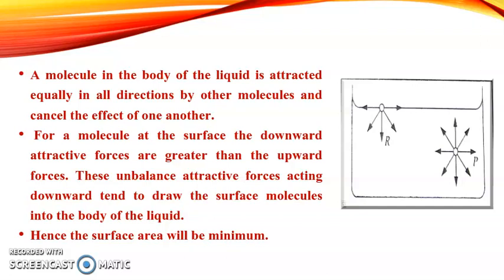These unbalanced attractive forces acting downward tend to draw the surface molecules into the body of the liquid. These unbalanced downward forces will draw the surface molecule downward. So the surface area will be minimum. Molecules will try to occupy a minimum surface area.